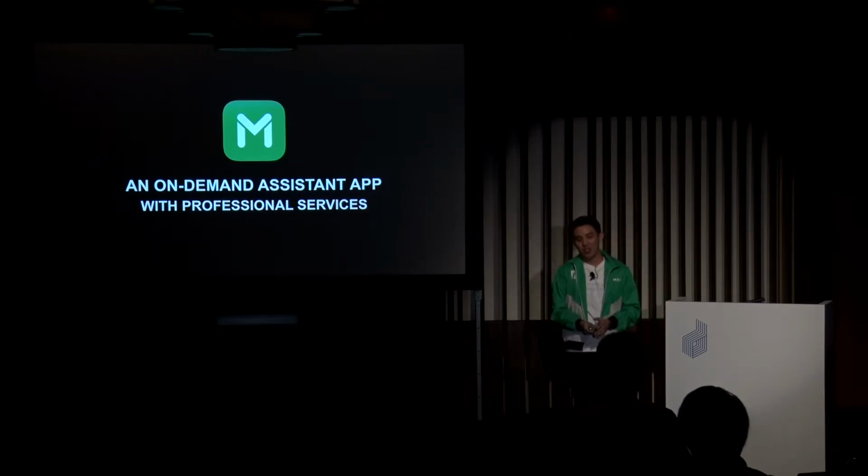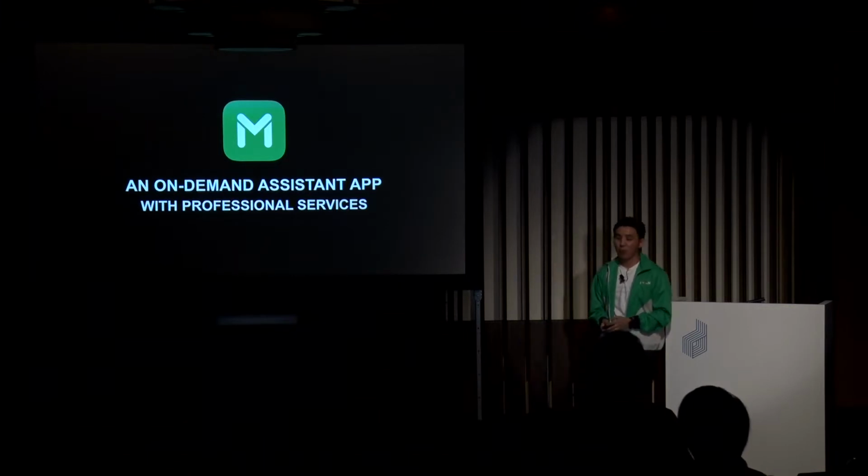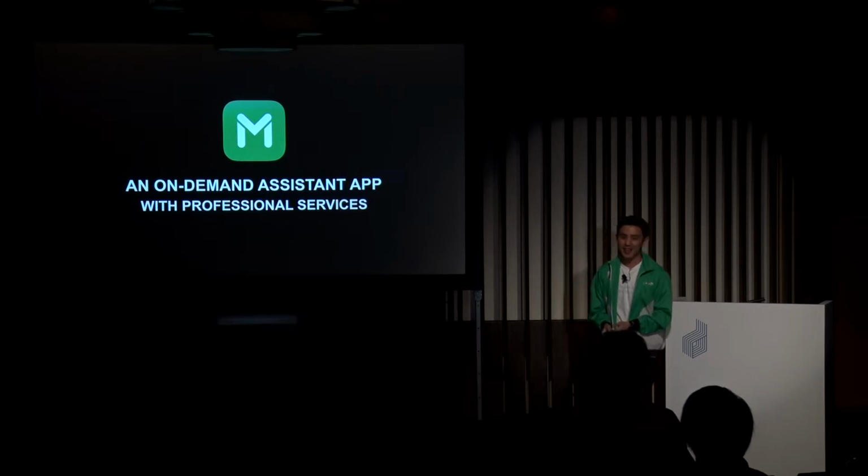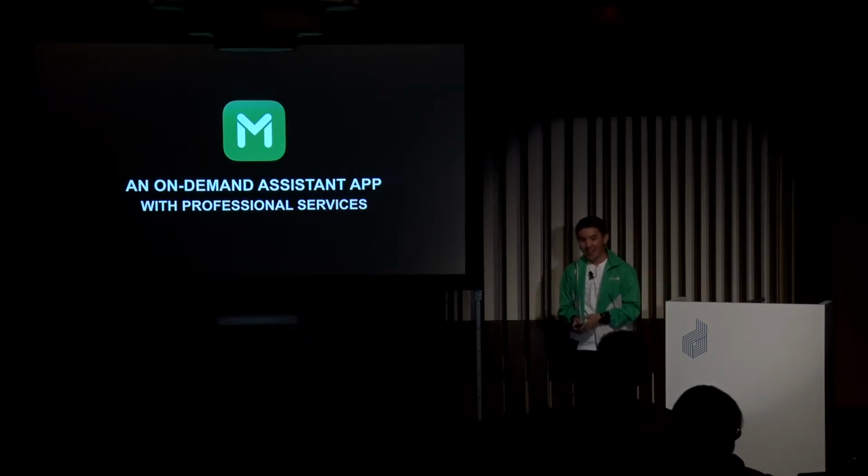Lyman is an on-demand assistant app with professional services that serve all Thai user needs at any time. Right now, in Thailand, we have 1 million active users in this app per month.